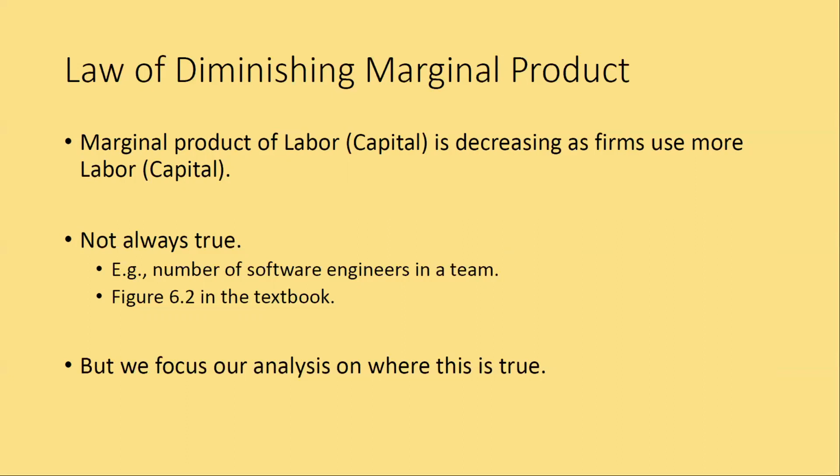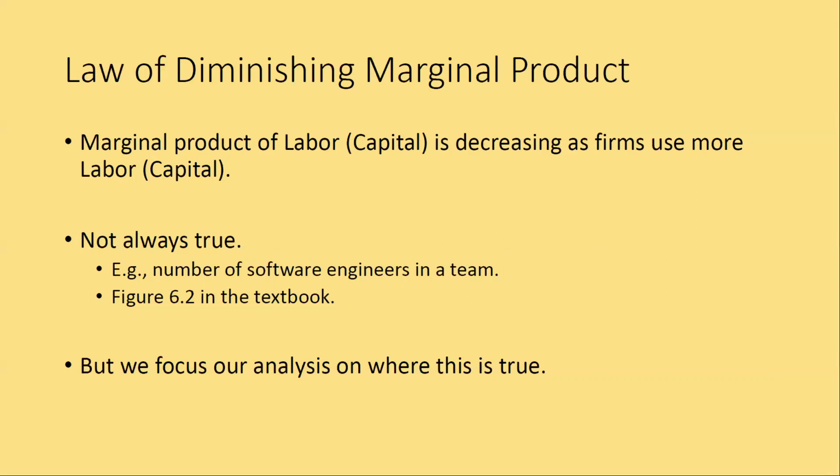And if we employ a third software engineer, they might improve on this even more. So the first few software engineers we employ are going to have an increasing marginal product of labor in this case.